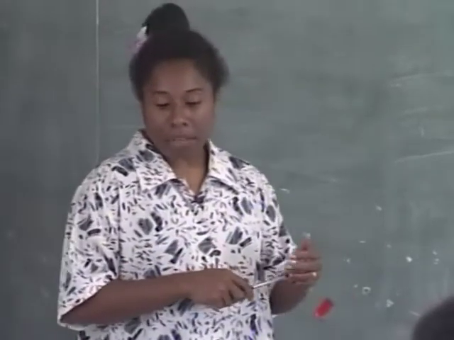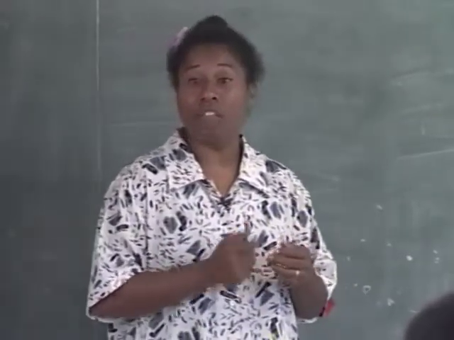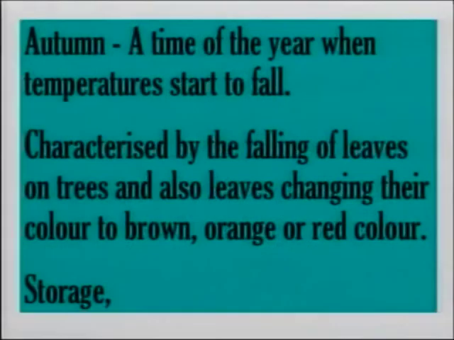Autumn is characterized mainly by the falling of leaves, or also the changing of the colors on trees, mainly the colors of the leaves from green to perhaps yellow, brown, or reddish color. Some of the activities that could be carried out during this time is raking because of the excessive leaves that are falling, and also storage, collecting of firewood and storing them away ready for the next season.